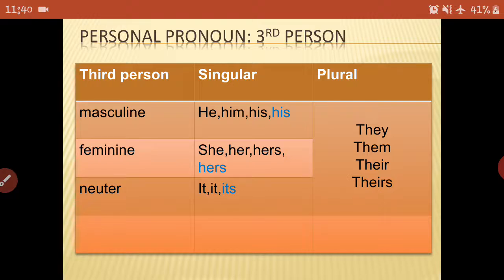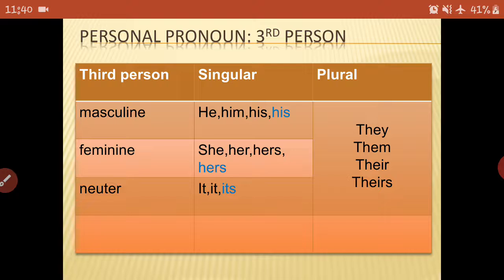For example, her, then hers means hers book, that girl's book it is. It, its. Its means it creates an ownership. Therefore, these are all personal pronouns, but again divided into a possessive ownership.